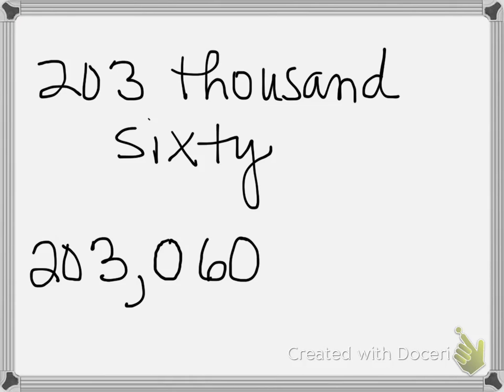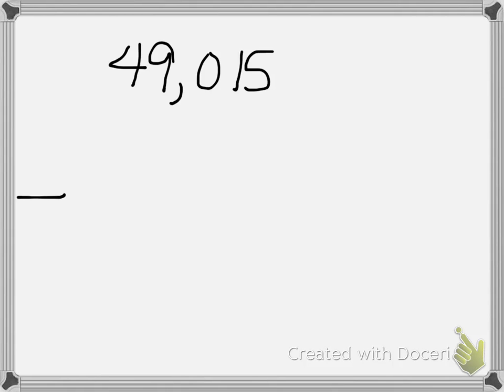Okay, so now let's look at number 1 and look at the first example. They have the number 49,015, and they want you to break these numbers down into whole thousands, hundreds, tens, and ones. So how many thousands do we have?